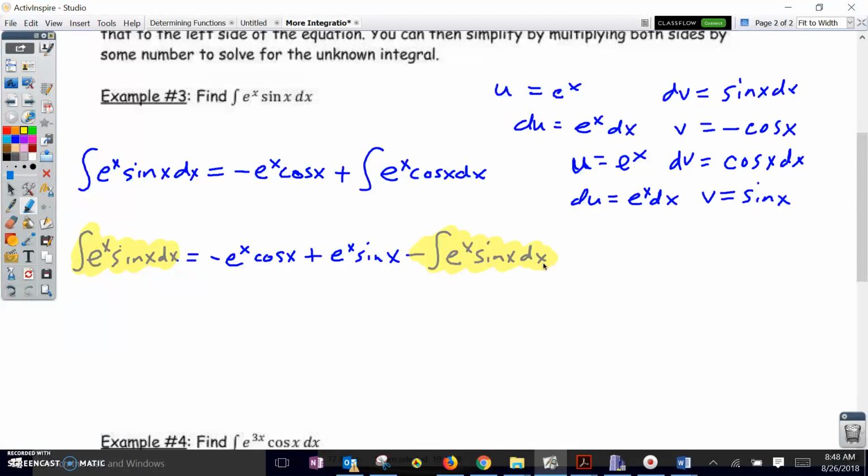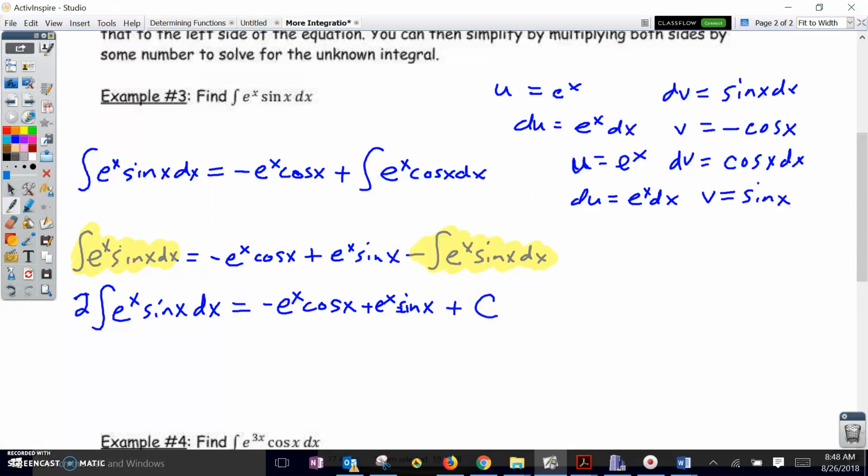And so, in order to find the value of the integral of e to the x sine of x dx, I'm going to add the integral of e to the x sine of x dx to both sides. Now, when I do this, I want to make sure that I introduce my constant of integration on the right-hand side, since I no longer have any integrals there.